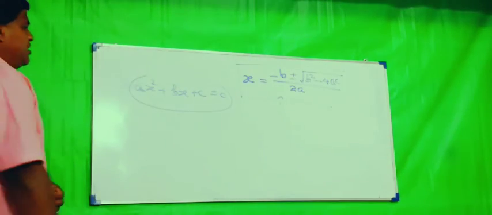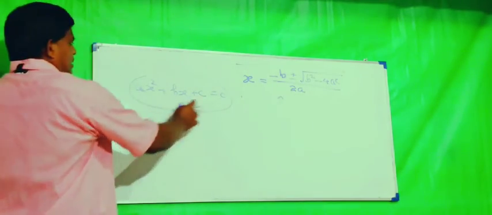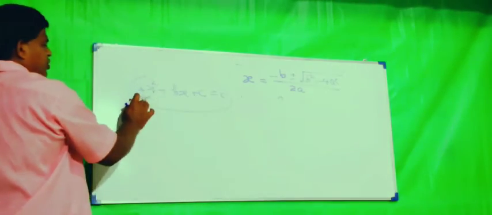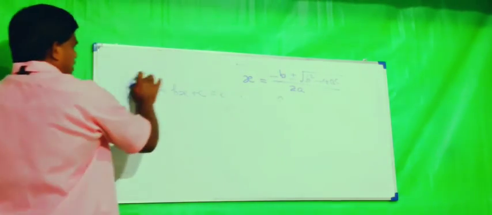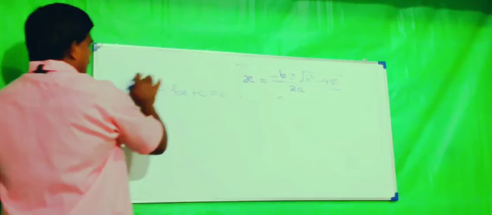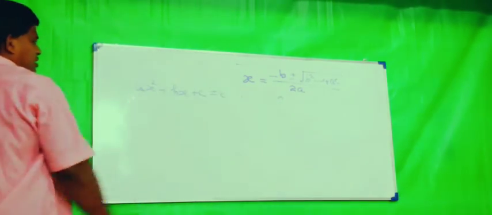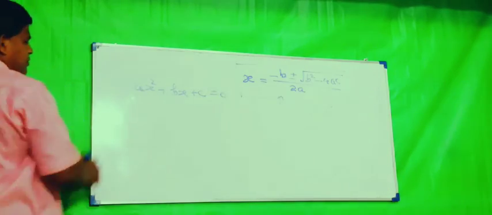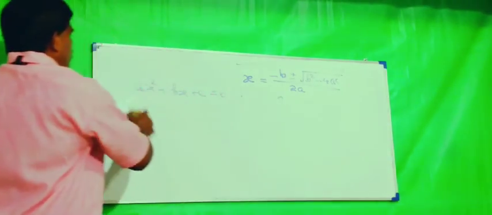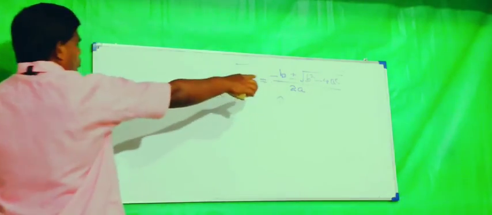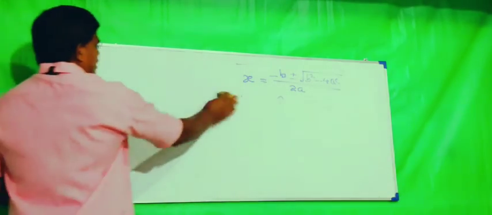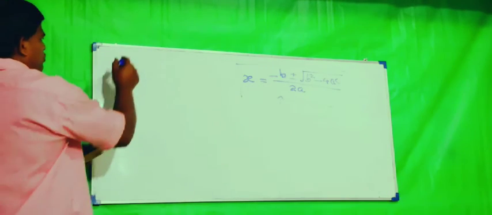So I take that formula by using this equation. Then we should apply completing the square to this equation. So let's try to get that formula by using this equation as follows.